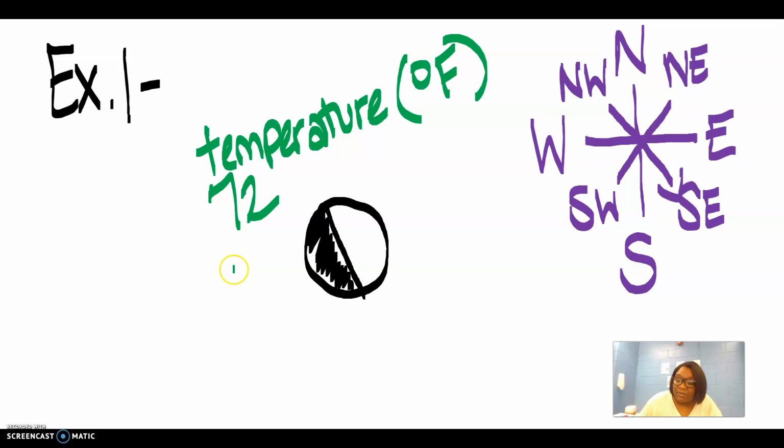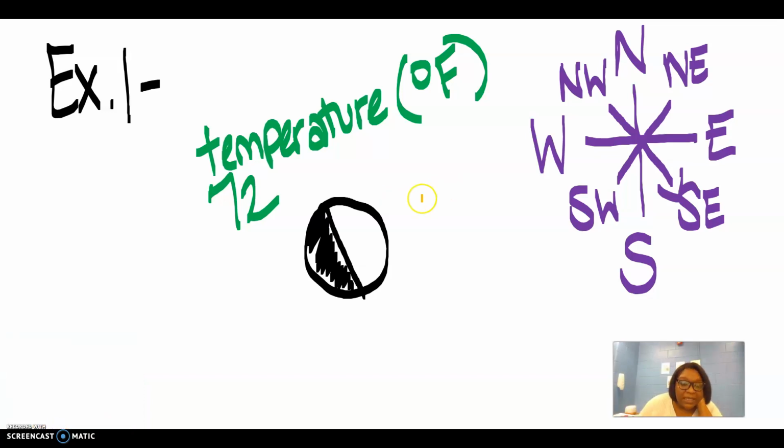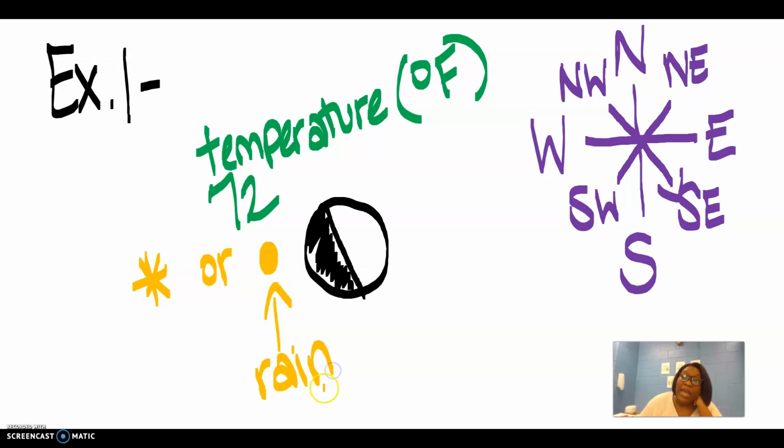So that number in the upper left-hand corner of your station model tells us the temperature. You would then possibly see, on the chart that you just drew in your notes from Schoology today, either a dot or a star. And it's going to be right there below the temperature. If you see a dot here, it's talking about precipitation, rain.